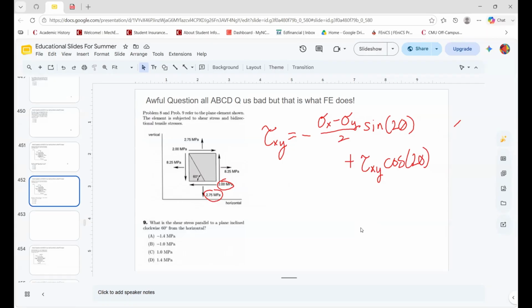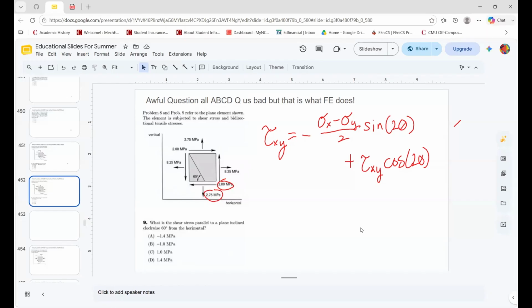Okay, that is completely not any of the answer choices. I must have made a mistake somewhere. Okay, let me just retype it in my calculator. So negative (8.25 minus 2.75) divided by 2 sine 2 multiplied by 30, plus whatever tau is.